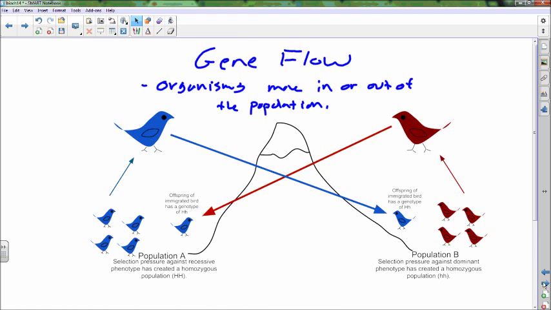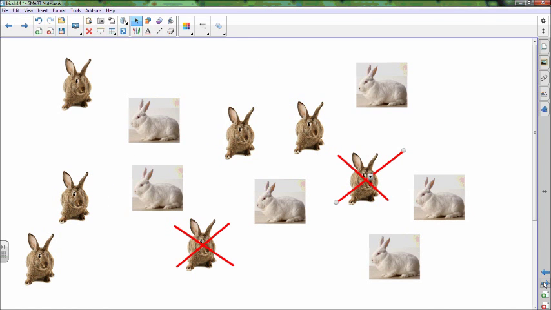So in our rabbit example, let's say these two brown rabbits here leave the population. They go somewhere else. That's going to reduce the number of genes in this population, and it's going to reduce the percentage-wise because of the genes that they take with them. If we look at the population overall after that, and we were to calculate the percentages and the ratios, we would see that it is slightly different.